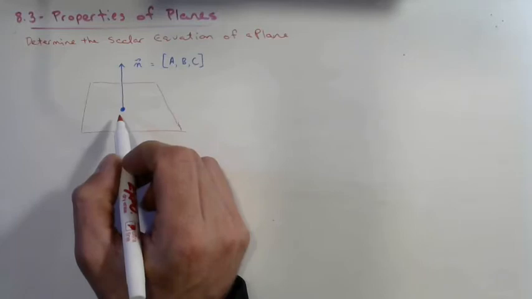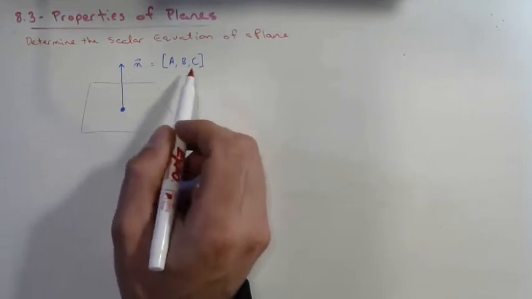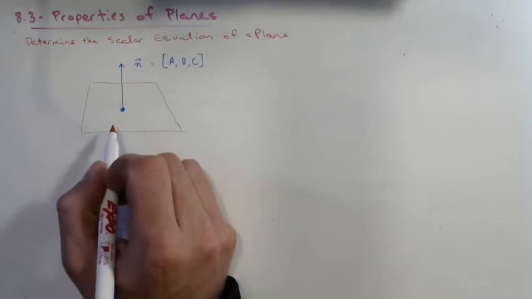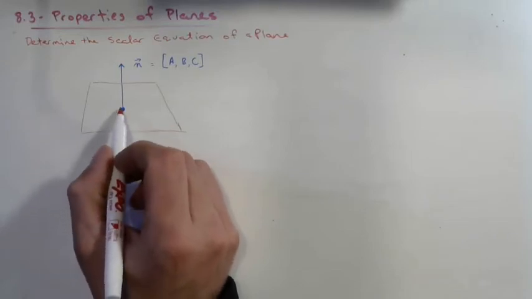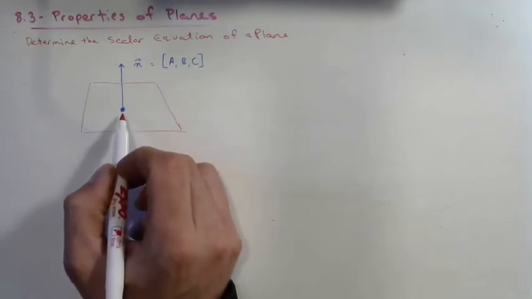So basically, in order to develop an equation for the plane, all we need to do is find another vector that is perpendicular to our normal, because that will make it parallel to the plane, and it will come from the same point as our normal vector, because we know our normal vector has its tail on the plane.